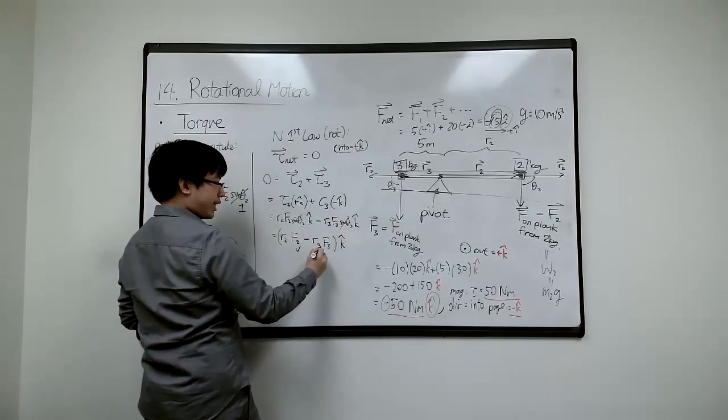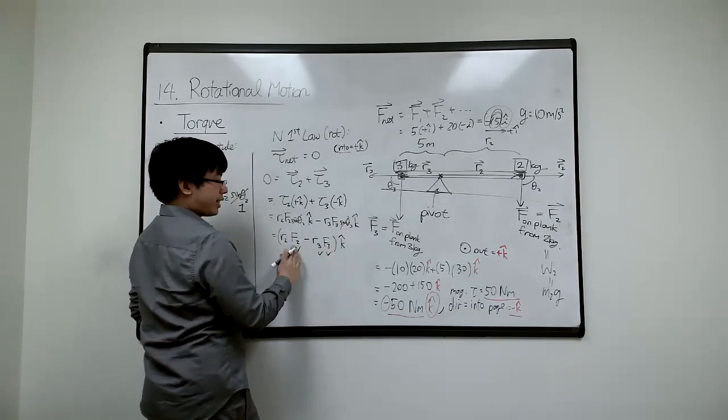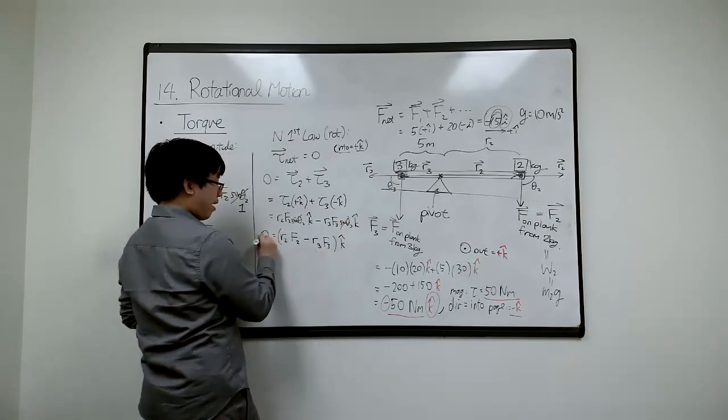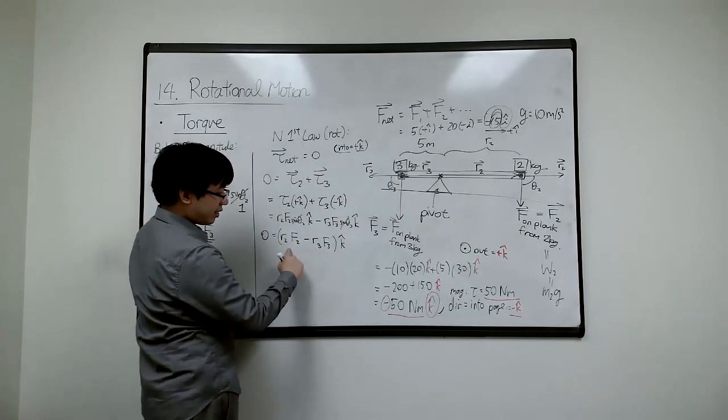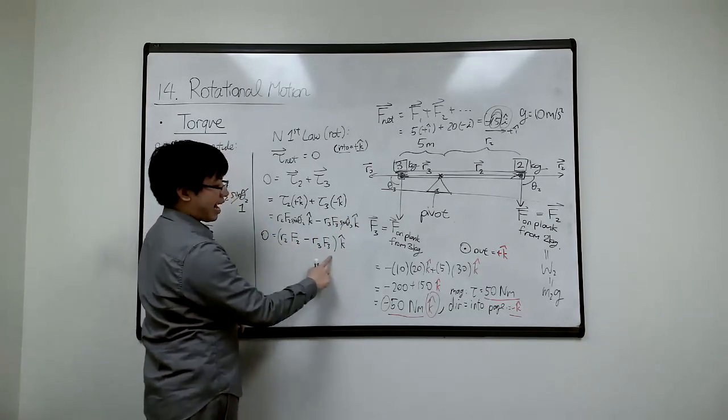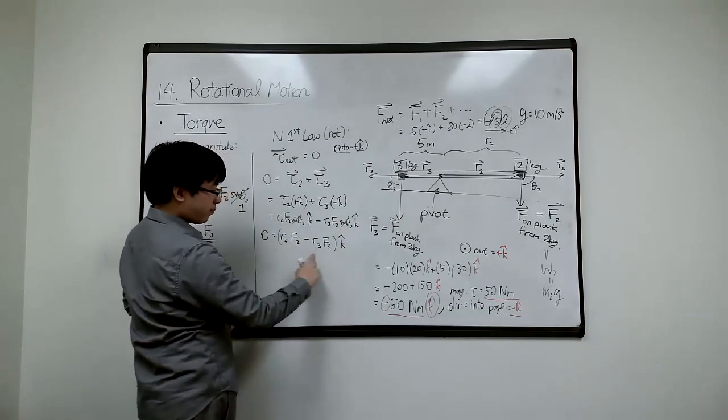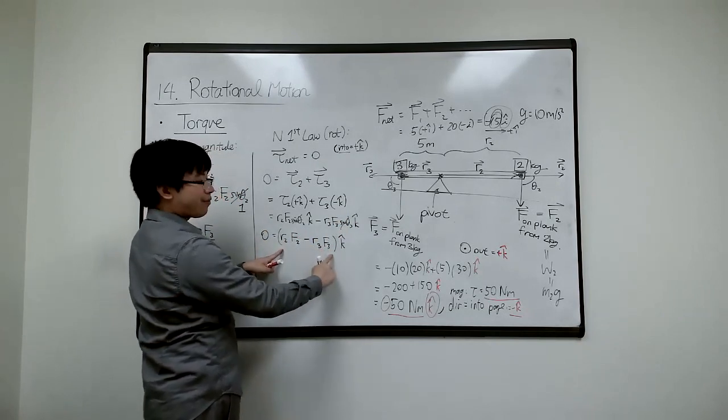What do I know? I know this, I know this, I know this, and I want to solve for this, right? So what does that mean? This all has to equal 0. So you can say basically that this itself has to equal 0.